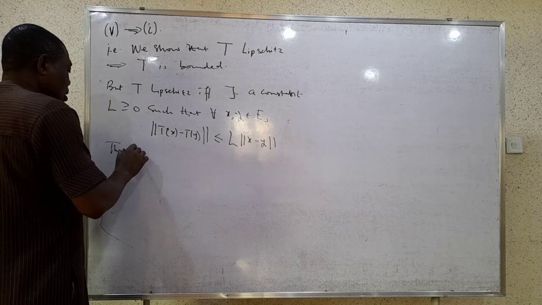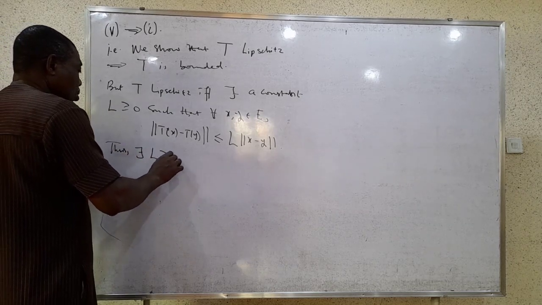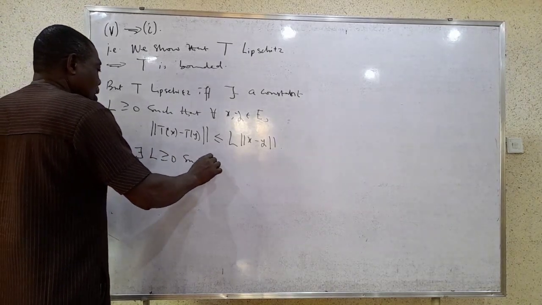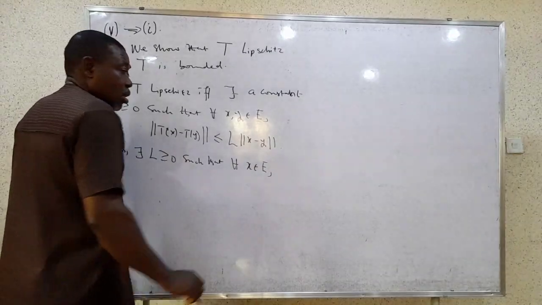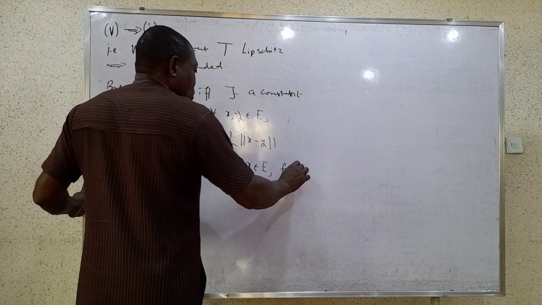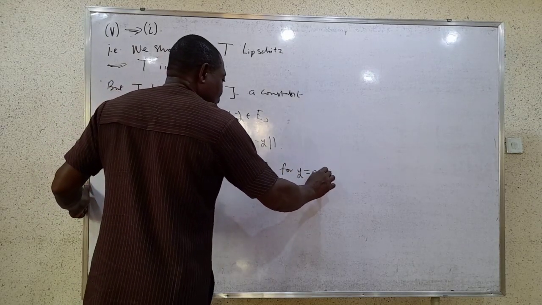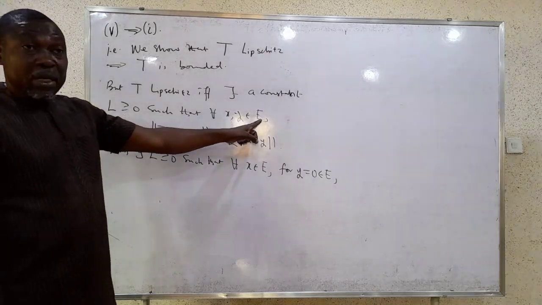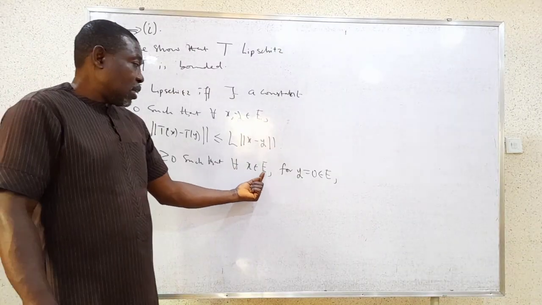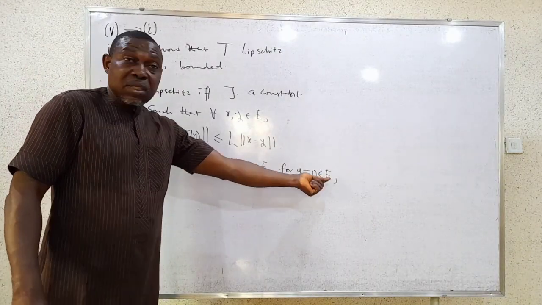Thus, there exists L greater or equal to 0 such that for any x in E, for y equals 0 in E, this is true for all x, y in E. It will be true for all x in E and for y equals 0.